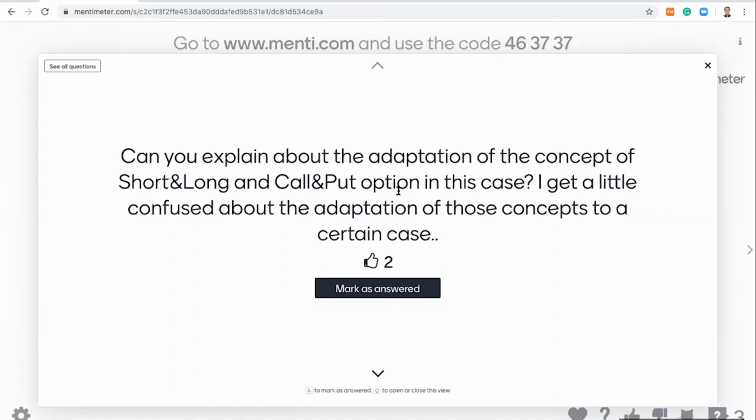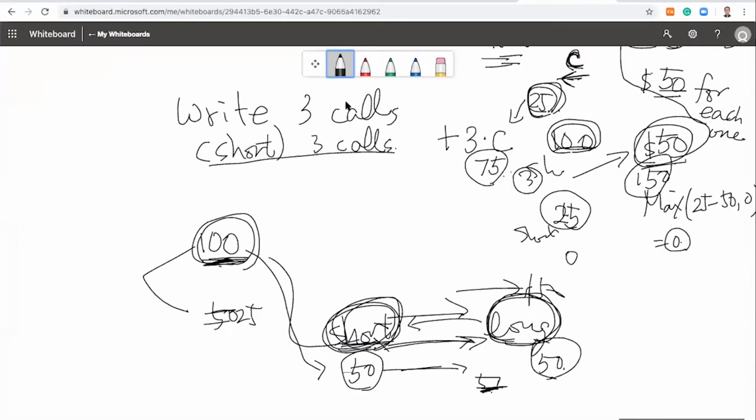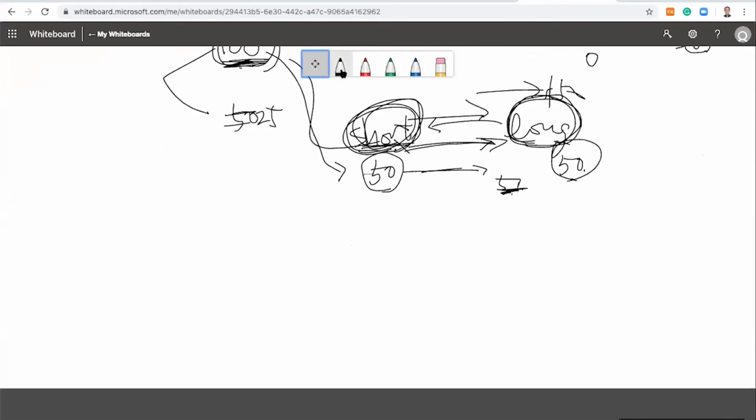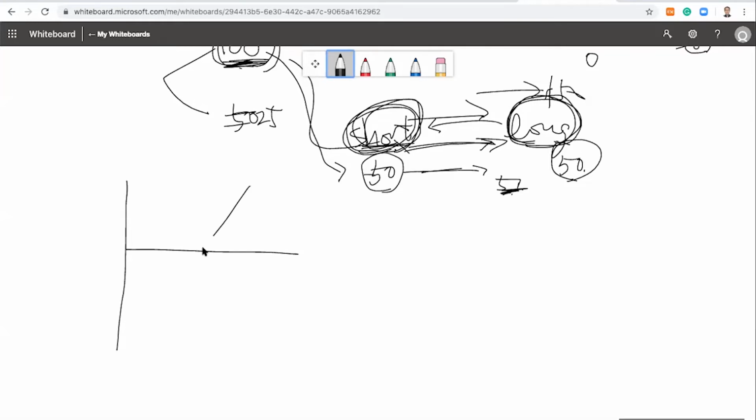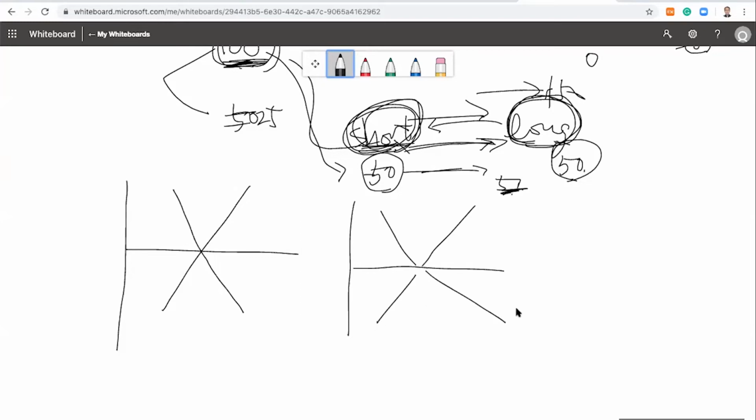And then remember what we have done for the call option here. So if you remember, I said this was the forward contract, and we can separate these things into four different parts.